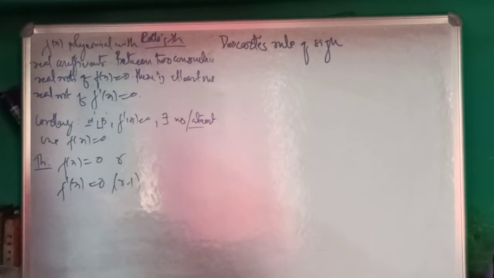The number of positive roots of an equation f of x equals 0 with real coefficients does not exceed the number of variations of sign in the sequence of the coefficients of f of x, and if less, it is less by an even number.